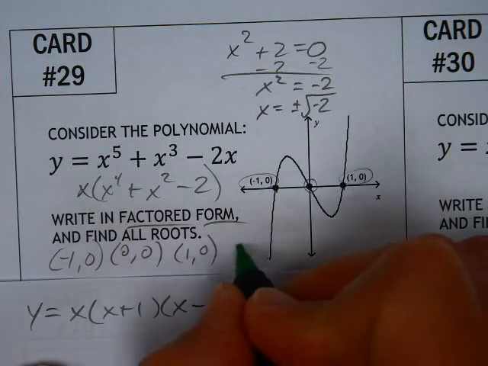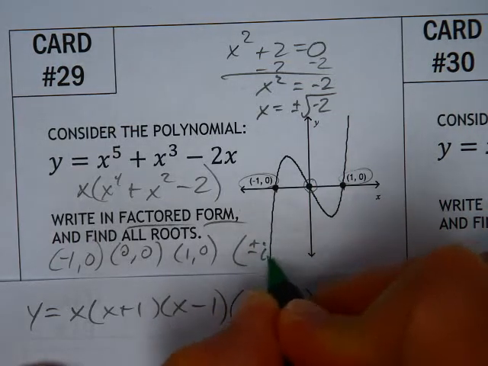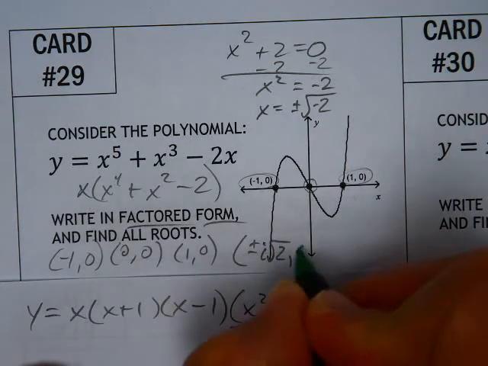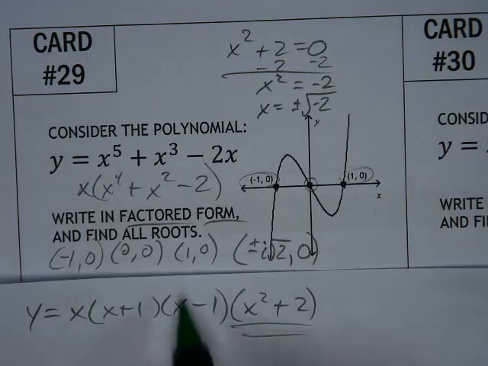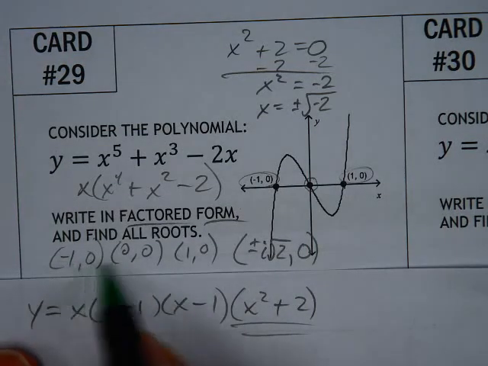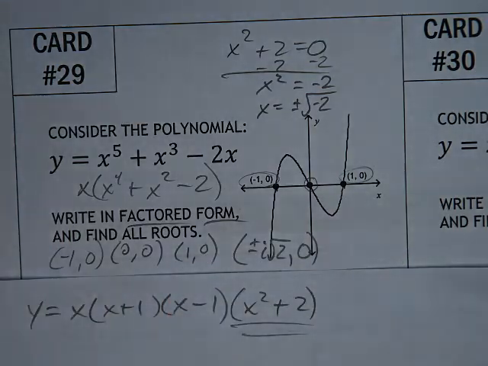So it's going to have an i involved. It's going to be plus or minus i times the square root of 2, comma, 0. And you can actually leave it like that. You've still got two different, a positive and a negative version of this, comma, 0. I could really have done the same thing, a plus or minus 1, comma, 0 to list these both together. But that's it.